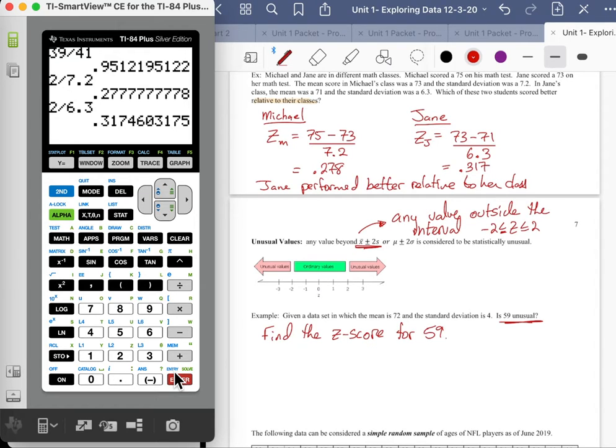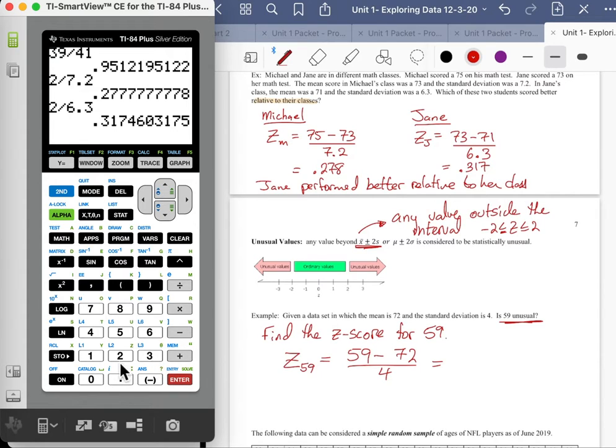If it's less than -2 or more than +2, then we would say it's an unusual value. So z sub 59 is equal to 59 minus 72 divided by 4. 59 minus 72, that's -13.